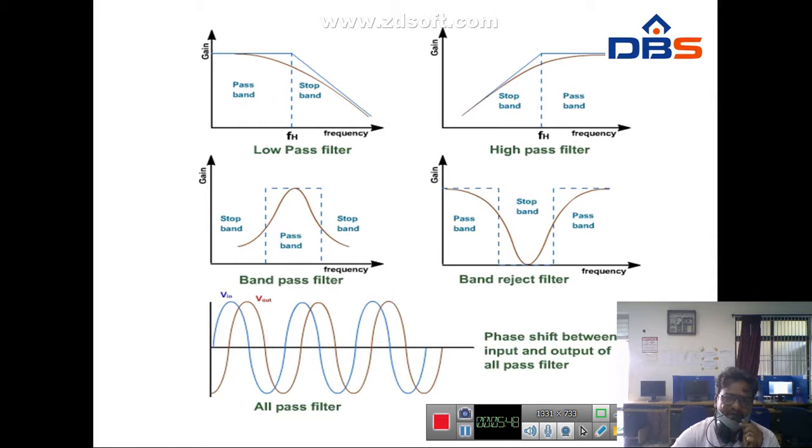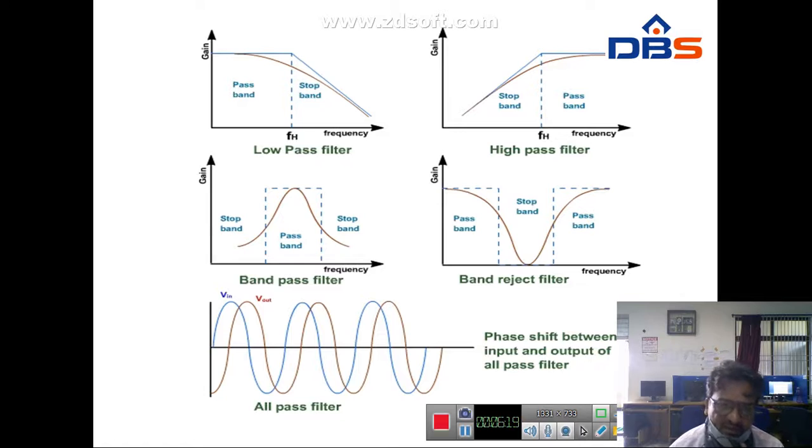That means frequencies before this fH will be allowed. That range of low frequency components will be allowed in the low pass filter, and the remaining high frequency components will be blocked or attenuated.